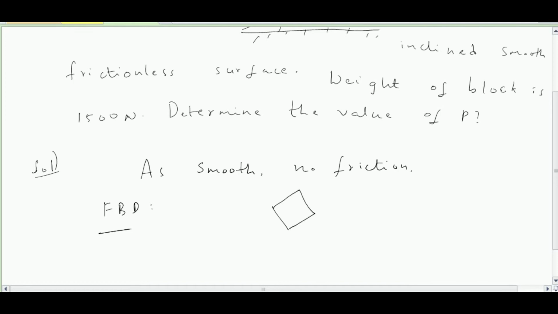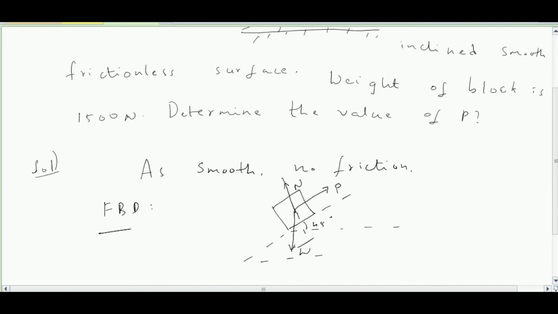If we took the free body diagram of the surface, the normal reaction would act towards the surface. But as we took the block's free body diagram, the normal reaction is acting towards the block and normal to the surface of contact. P is the pulling force given, acting in the given direction. So now we need to find P.